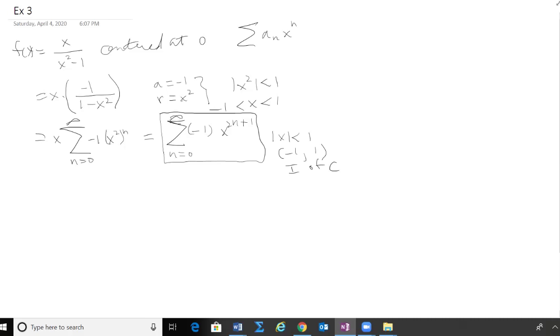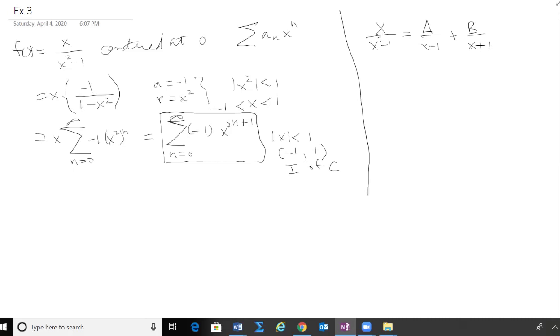Now, there's another way to do this. I'm not going to do it, but I'm going to mention it to give you some ideas. You could write this like so, using partial fractions.